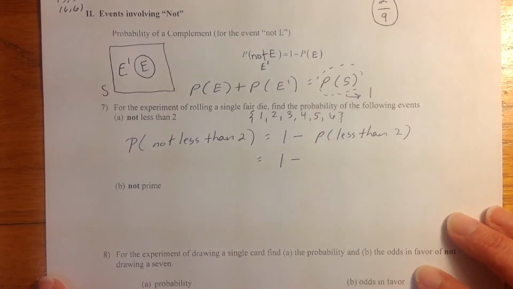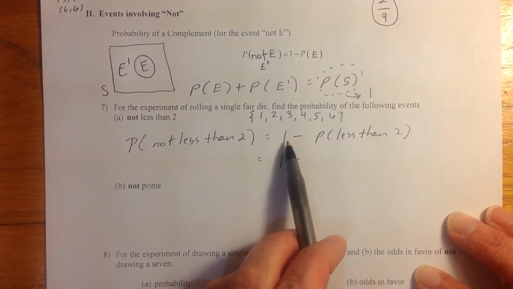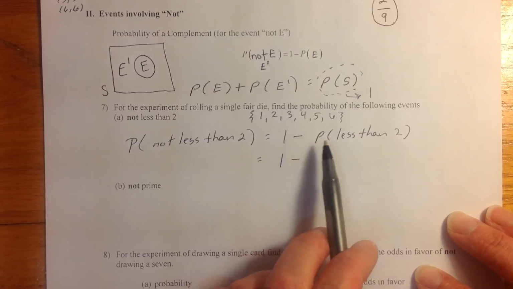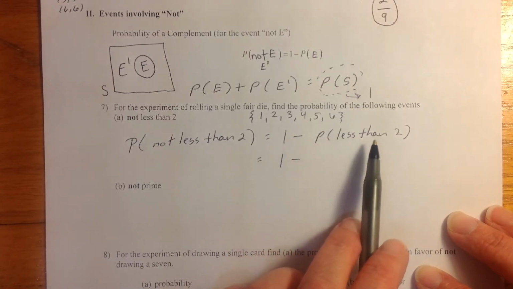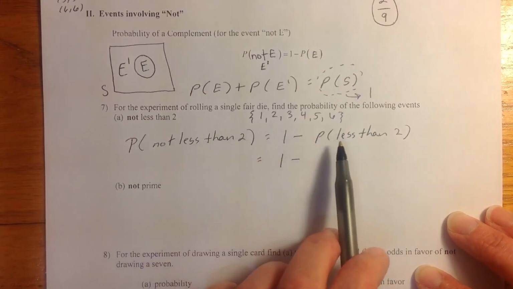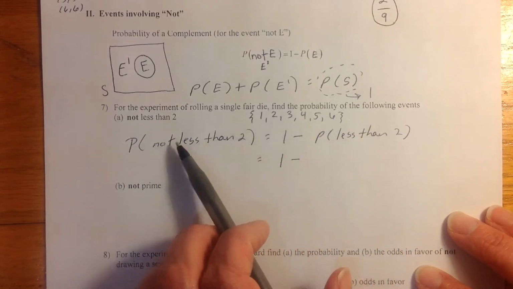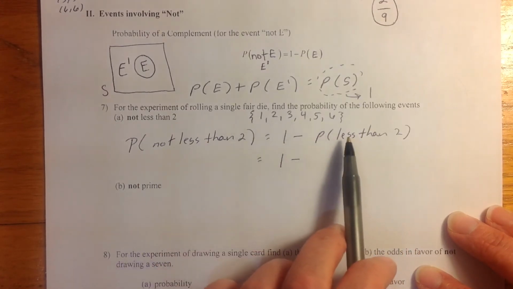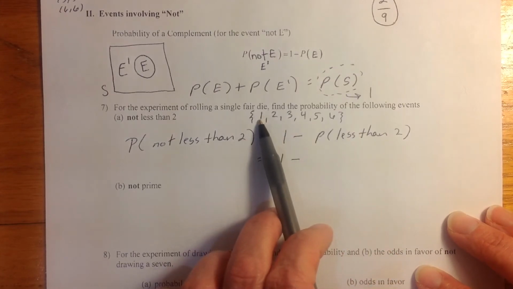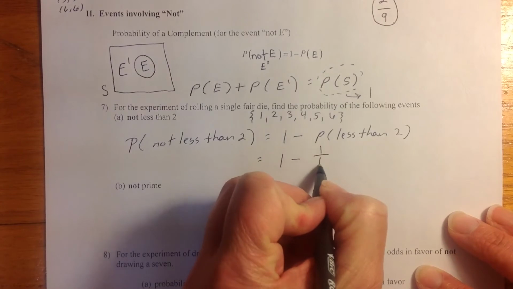So 1 minus, the reason why this is 1 is the biggest probability can ever be is 1. If we subtract the probability of what we don't want to happen, the answer will be what we want to happen. So the probability of less than 2 is the complement of not less than 2. Things less than 2, well, just the 1. So the probability that you're less than 2 is 1/6.